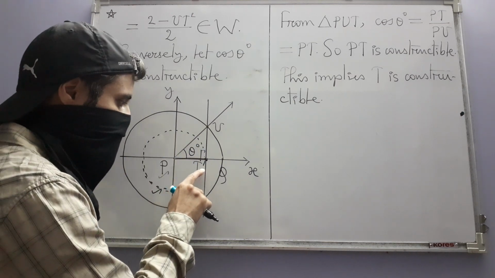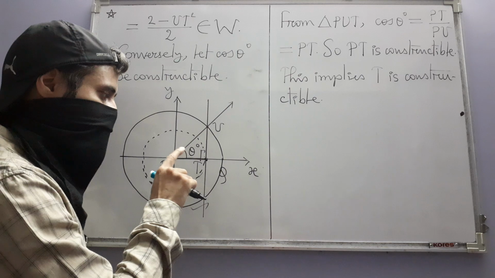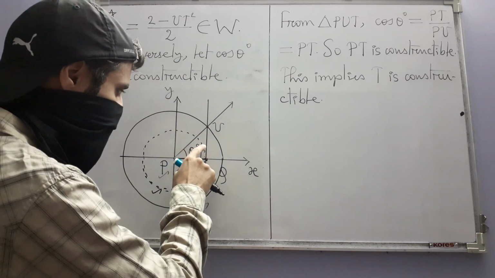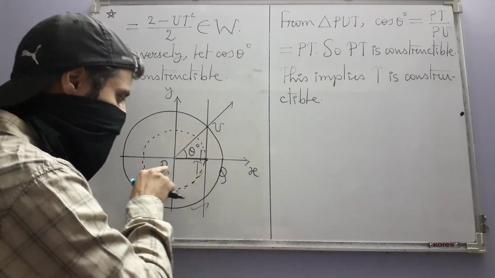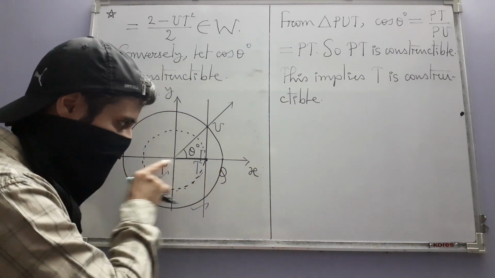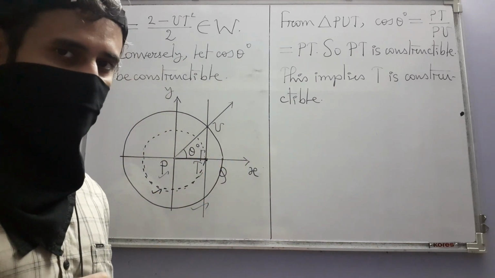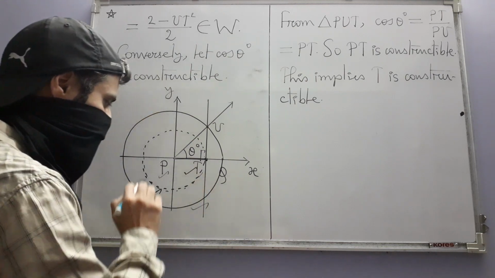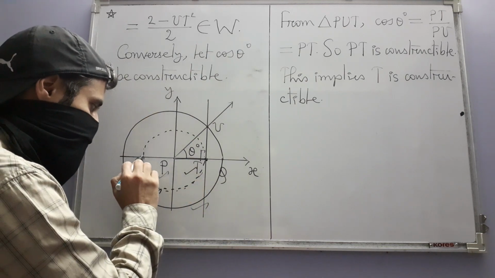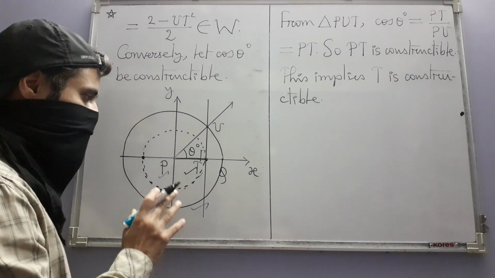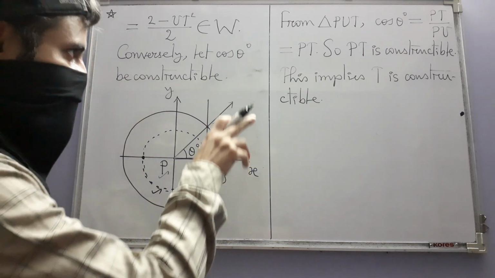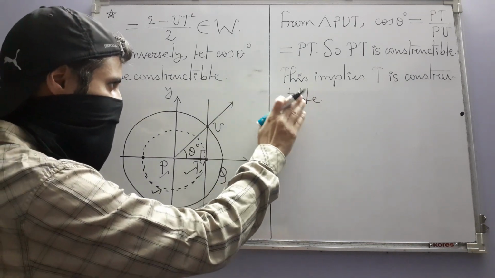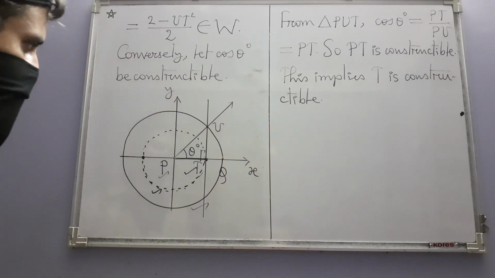But now note that T is a point of intersection of this new constructible circle and the constructible line passing through P and Q. So by definition T is also a constructible point. This other point on this side is also constructible, but we don't need that. So that's how we are getting that T is constructible.